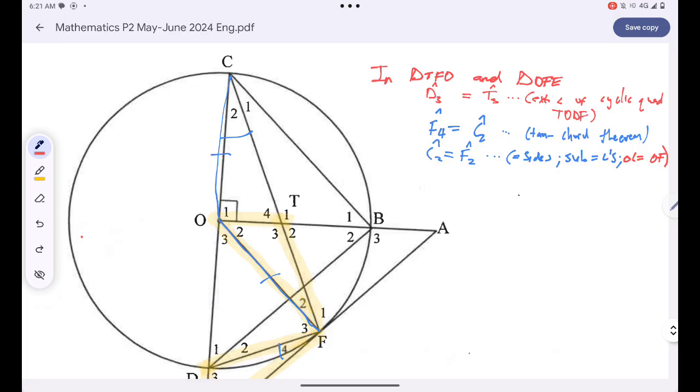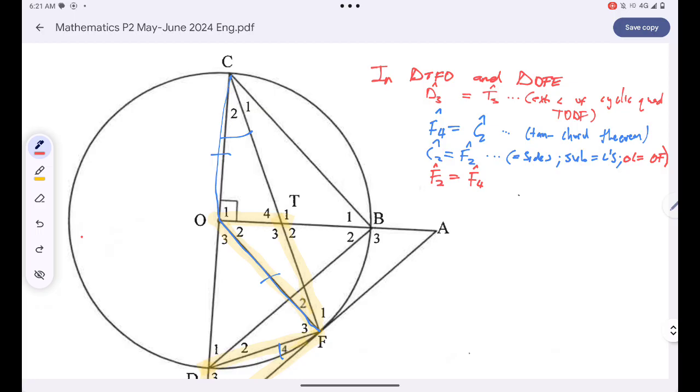Okay, and now I can conclude that angle F2 is equal to angle F4. Are you together?